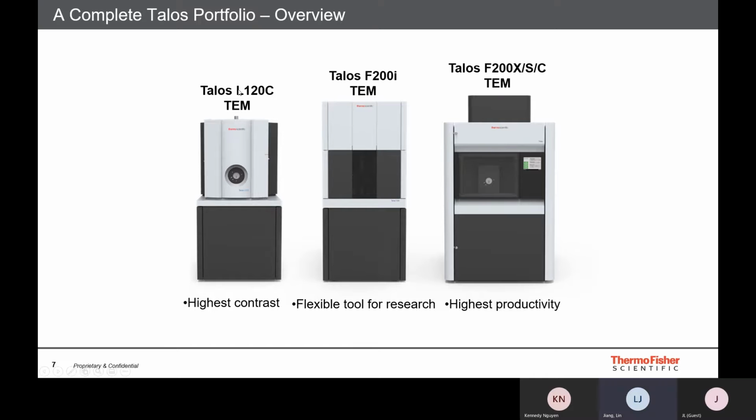And also the big difference between the L120C and the F200i is that the L120C doesn't have the flag register, while my Talos F200i comes with a flag register, it is a flag TEM. So that's a major difference. And the kV is different. The highest kV for the L120C is 120 kV.